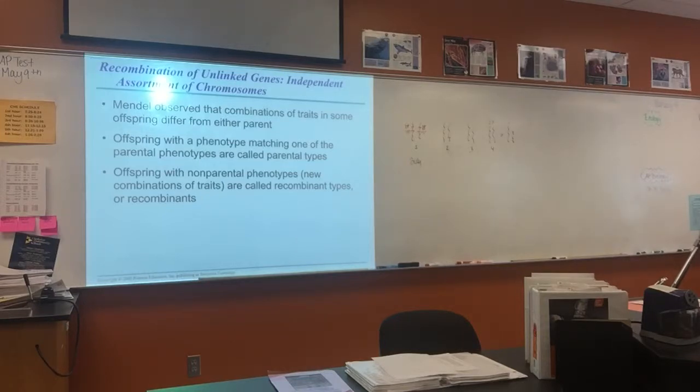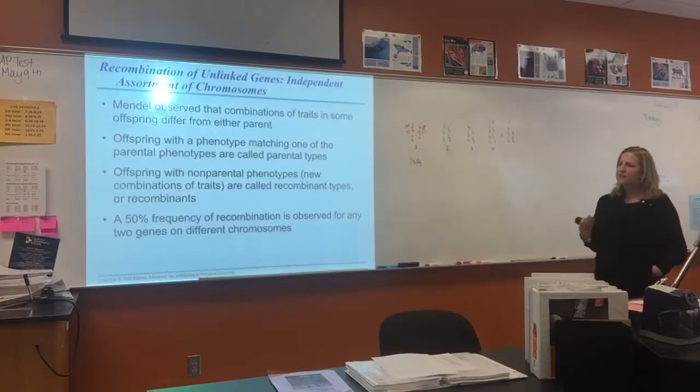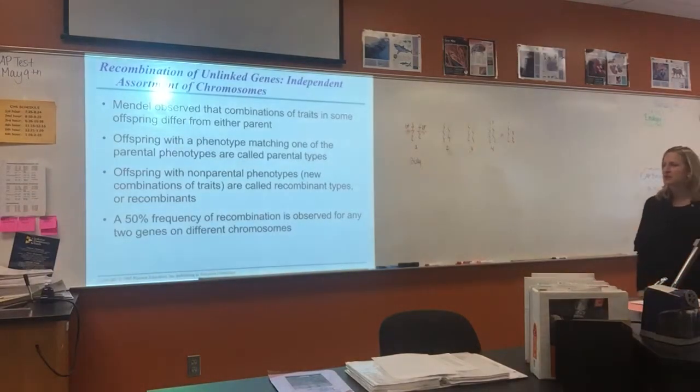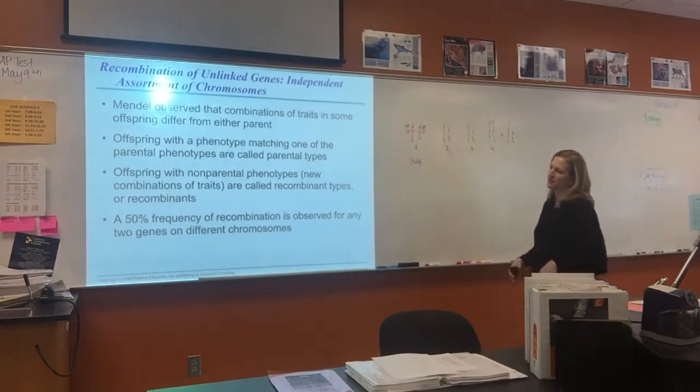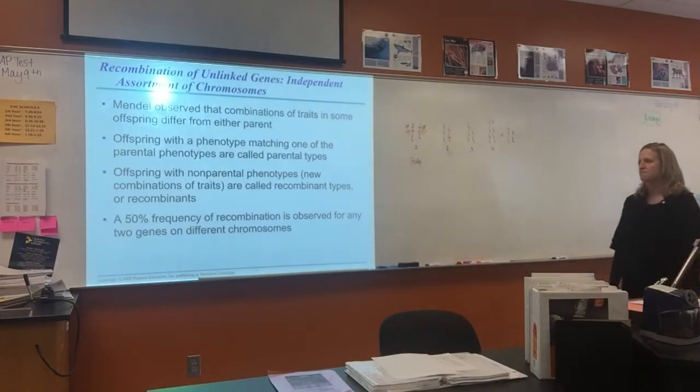And so you can see this with linked and unlinked traits, which is what we saw in the thing that we just looked at. And then a 50% frequency of recombination is observed for any 2 genes on different chromosomes. We're going to talk about this frequency of recombination here in a second.